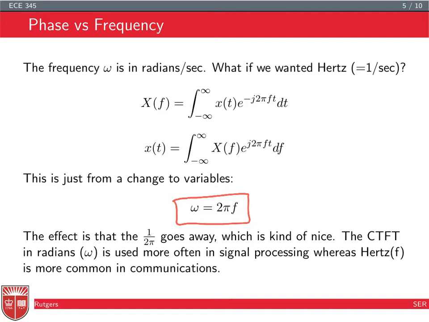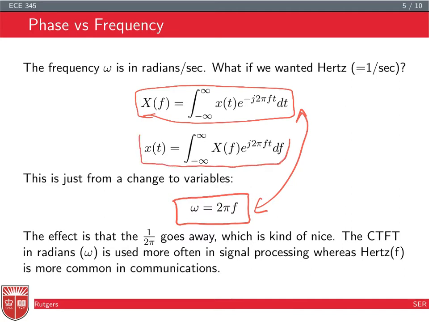Then if you want to express the CTFT as a function of f, this would be the formula, which is obtained by a simple change of variable. You just apply this change of variable to the definition, and you get this connection. Now, when you express things in frequency, the nice thing is that in the inverse Fourier transform you lose the 1 over 2 pi, so you don't have that extra factor.